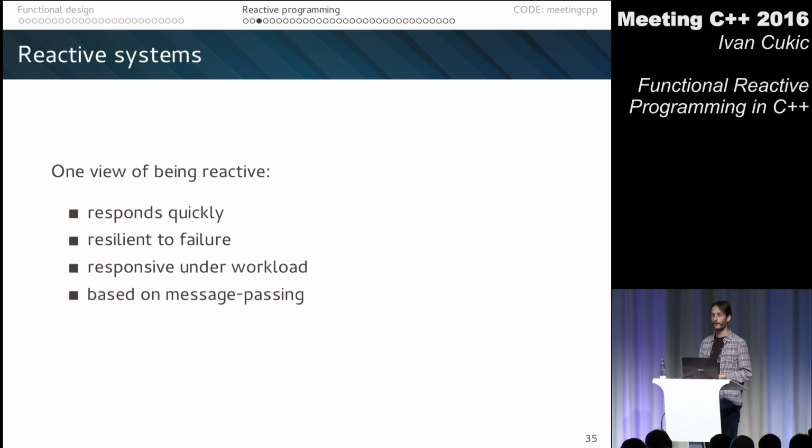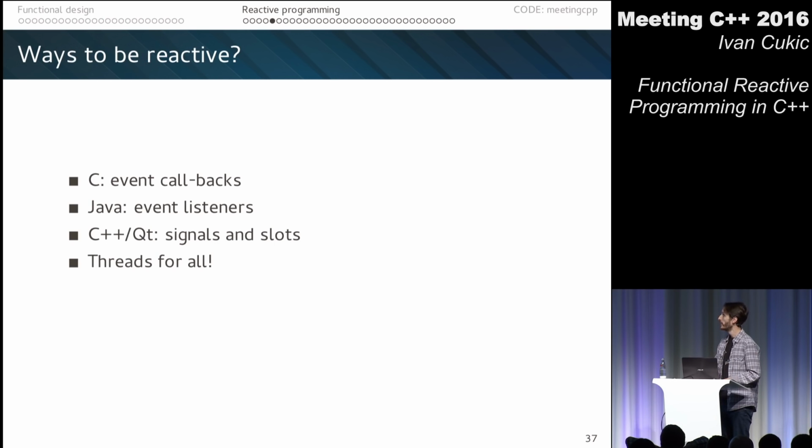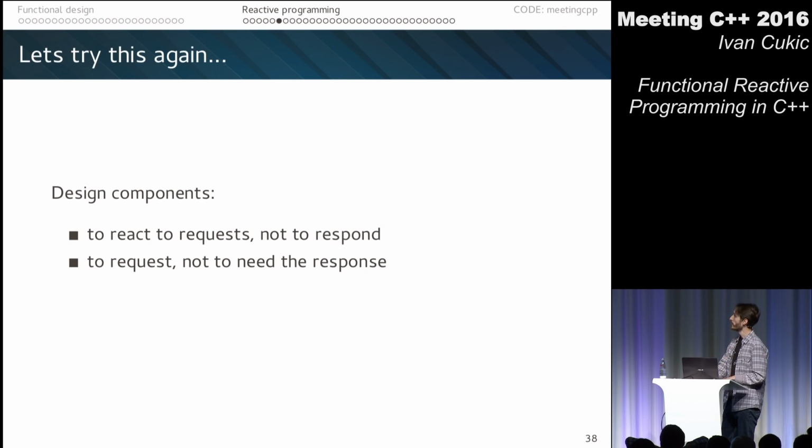Again, we all already do reactive programming, just in a different way than functional reactive stuff is supposed to be. So this is the Oxford Dictionary definition of reactive. The idea is that we are just responding to something, reacting, not replying. Okay, let's skip this.